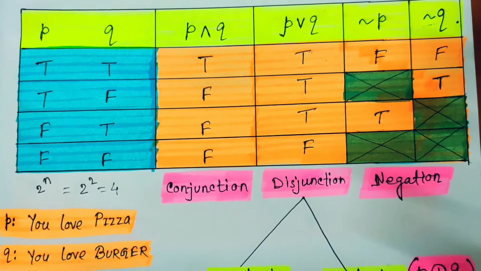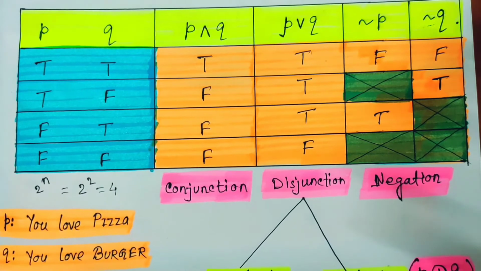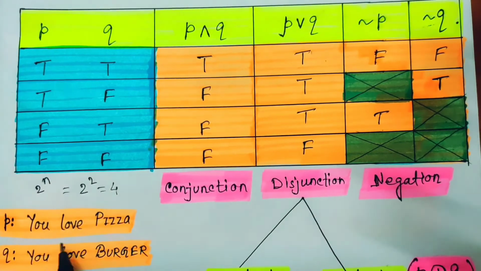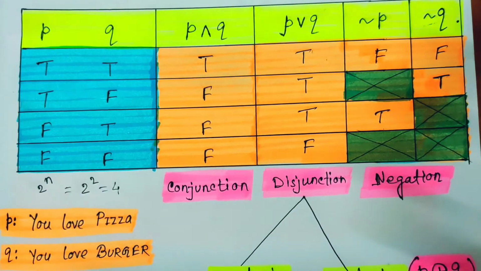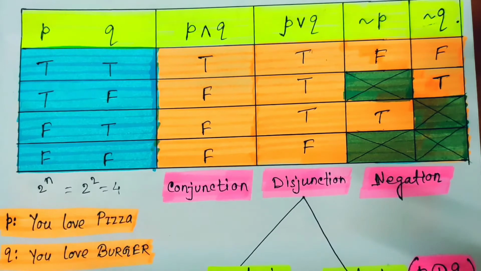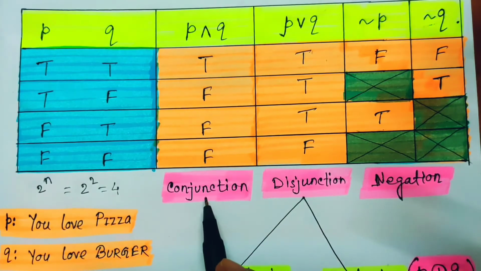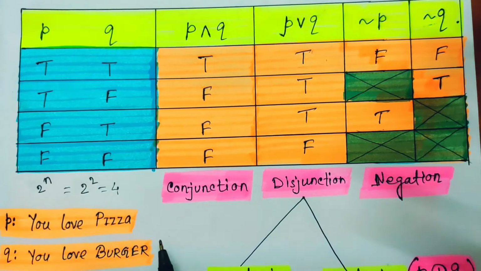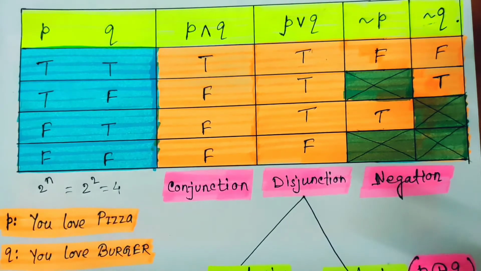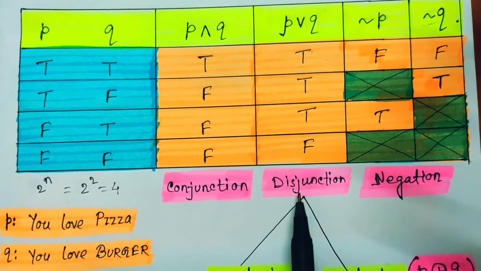Only if you love both of them can we say that the outcome is true. If you love pizza is true, and you love burger is also true, then conjunction implies that you love both pizza as well as burger. But if you love either one of them, then you can go for the disjunction.